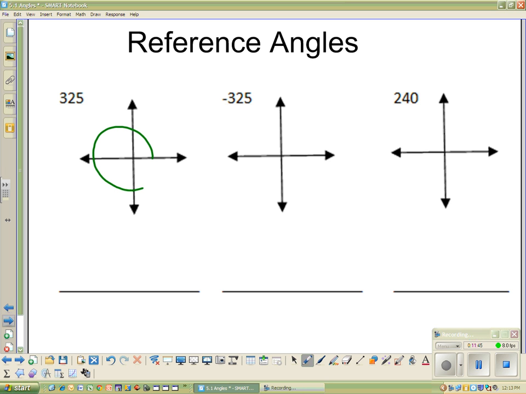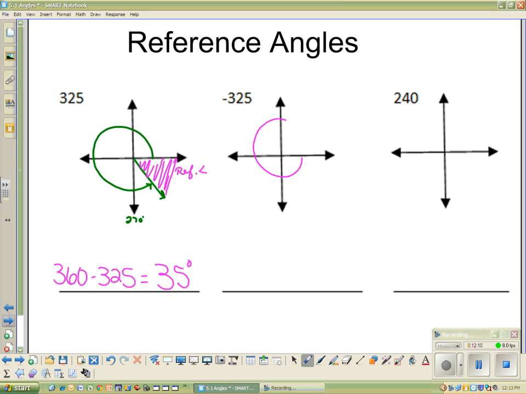Reference angles, 325 degrees. 325 degrees finishes beyond 270, so it finishes beyond there, picking it up right there. I'm looking for an acute angle that rests against the x-axis. That's going to be my reference angle right here. And the way to calculate that, I'm going to take 360 minus the 325, and that's going to leave me with a 35 degree reference angle.